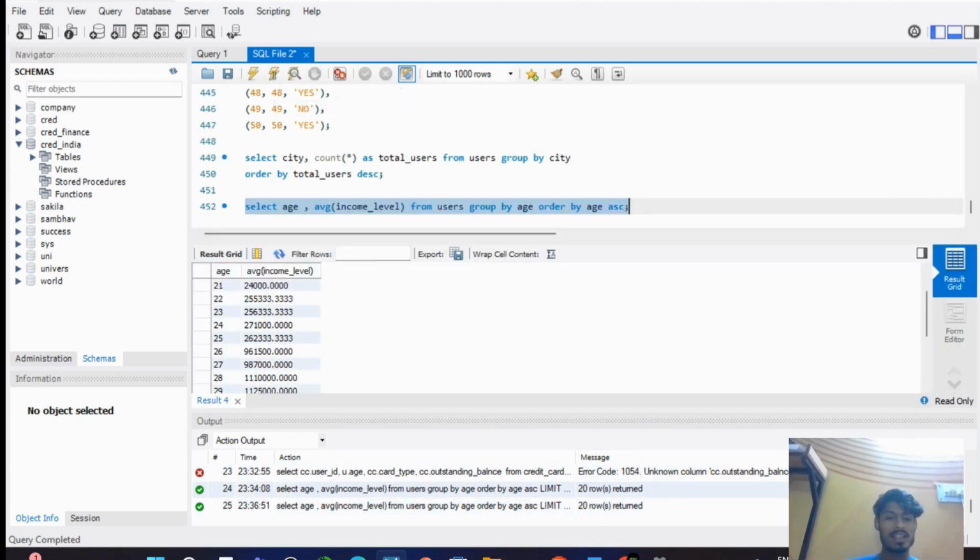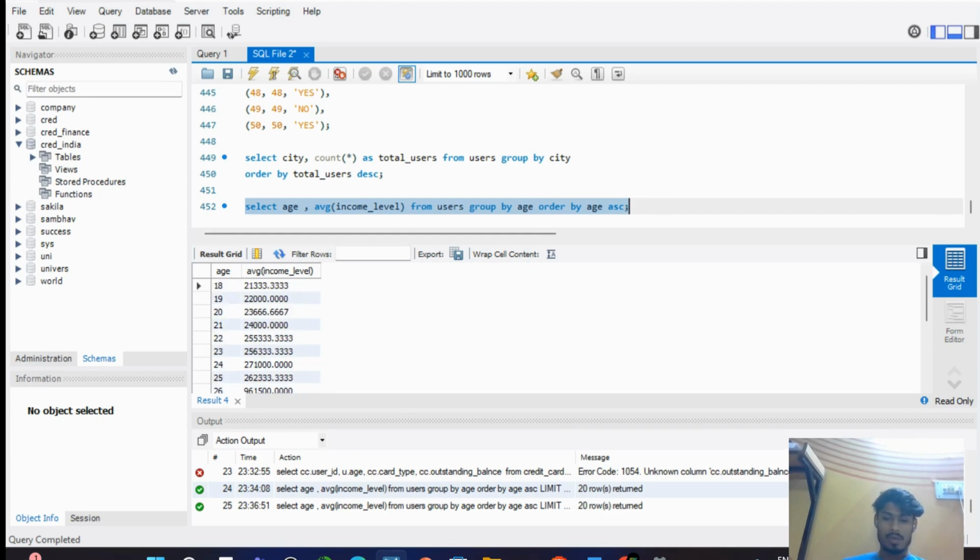Here we can clearly see that if a person is 18 years old, his income is 21,130. If he is 90, his income increases, and as his age increases, the income level of that person also increases. Here you can see that.